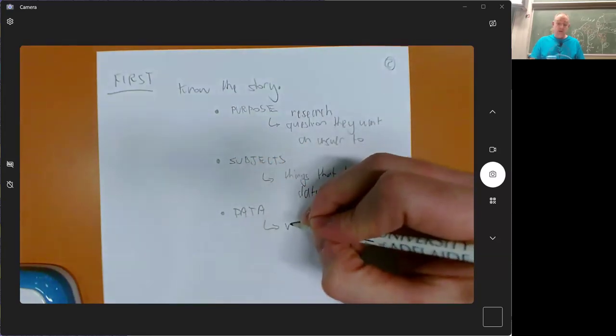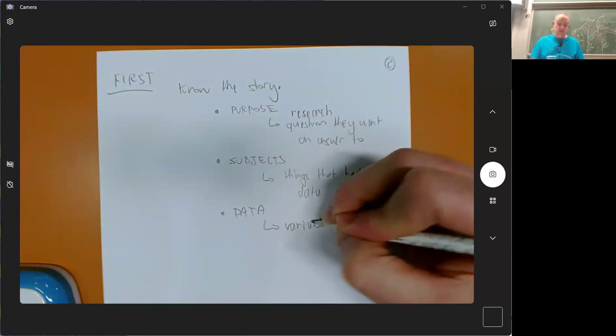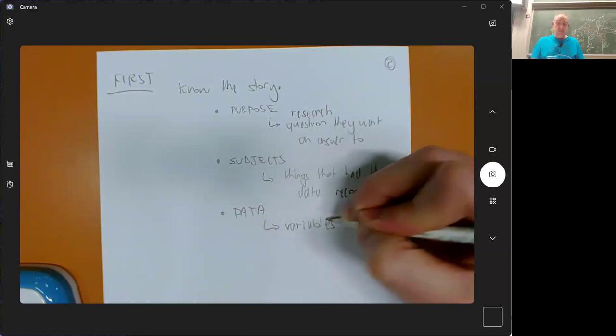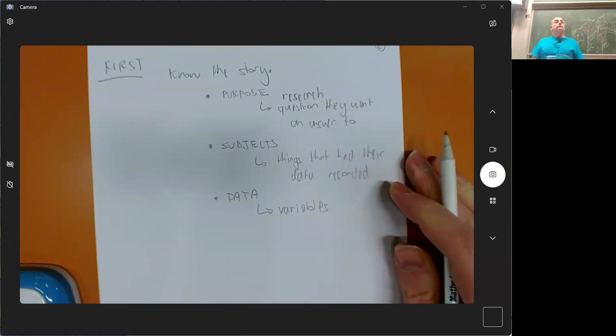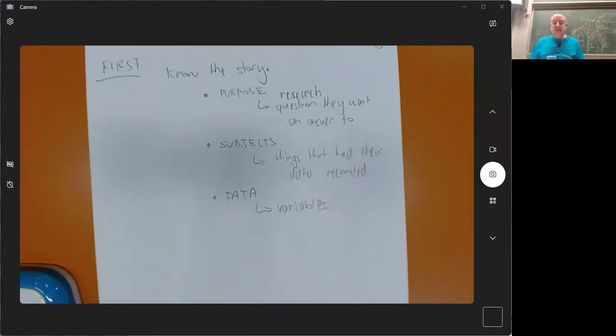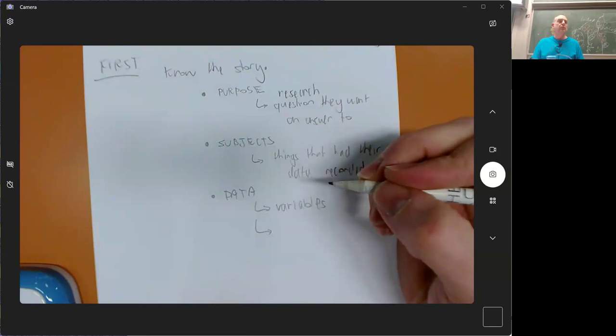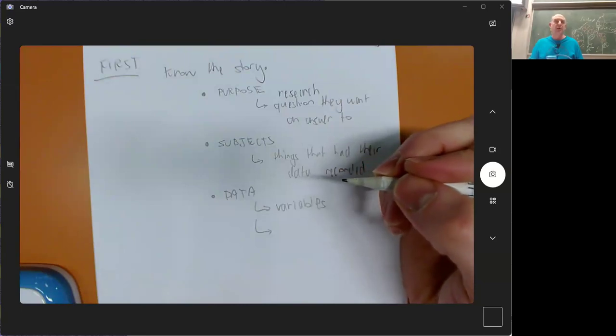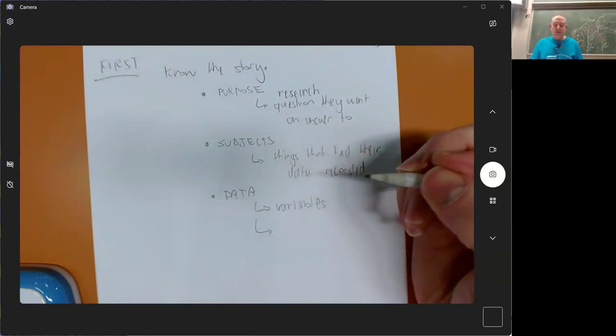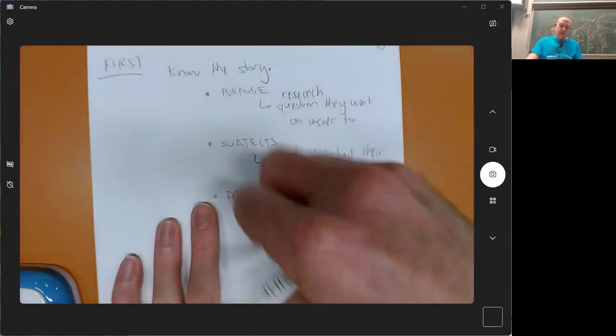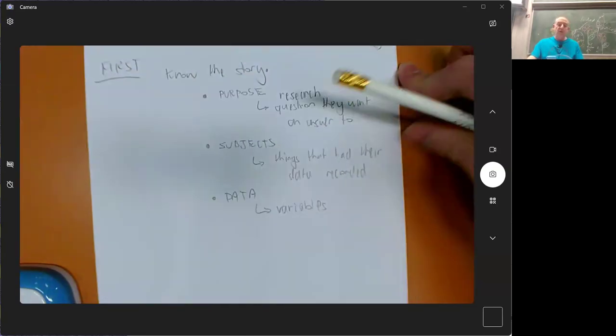And in particular, what that means is the variables. And these things together should be enough information, well, not just the variables, but also how the variables belong to the subjects, basically. I don't know how to say that at this time, but yes, you need to know these things.